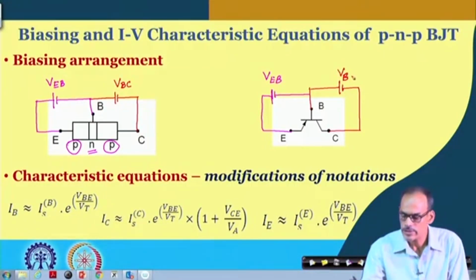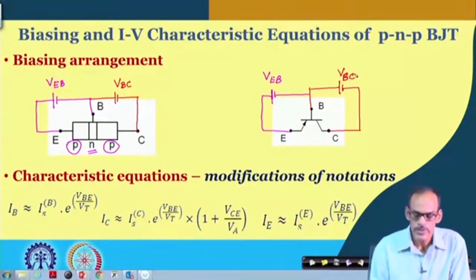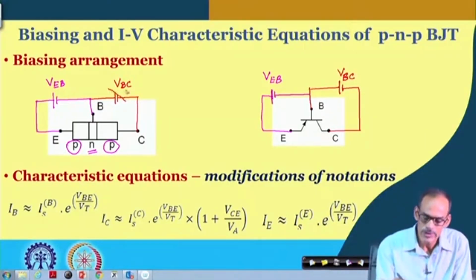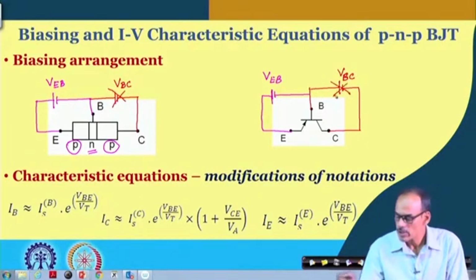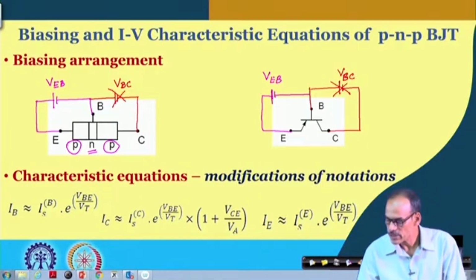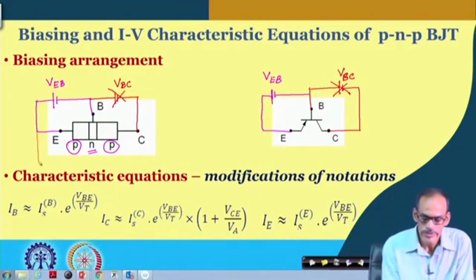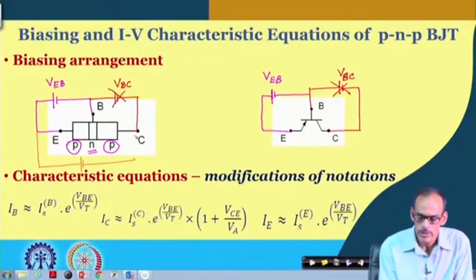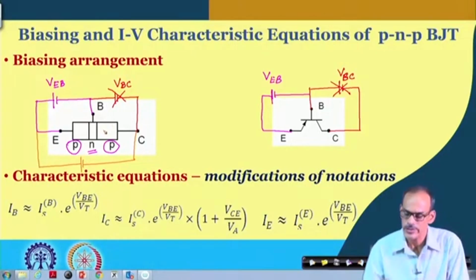So, VBC is ensuring the second junction is in reverse bias, and similar to the previous case, instead of using this convention or this kind of bias, probably we can use the bias elsewhere, namely with respect to the emitter, and if the collector is made sufficiently negative with respect to the emitter, that ensures the second junction, the base to collector junction, is in reverse bias condition.